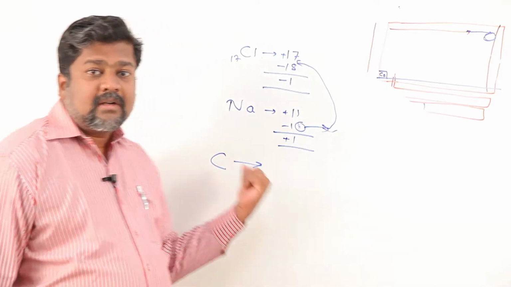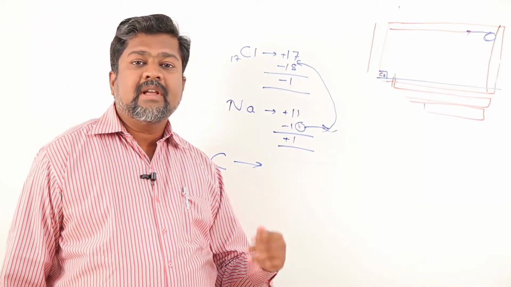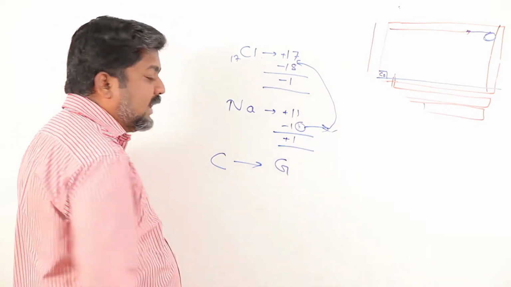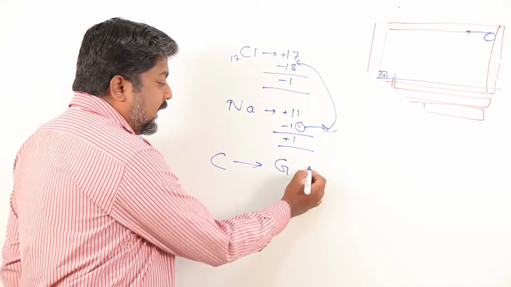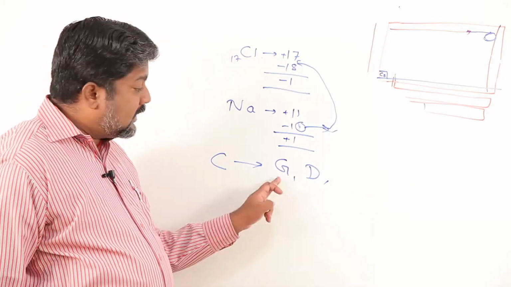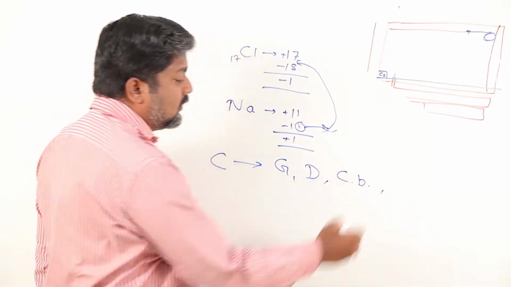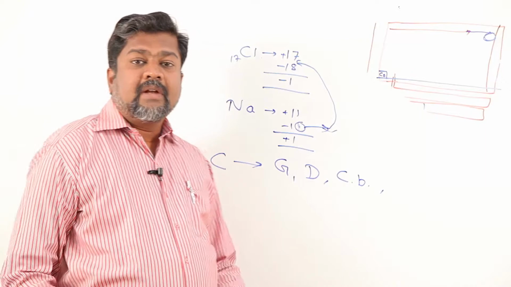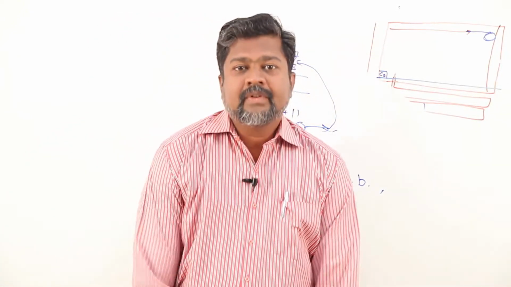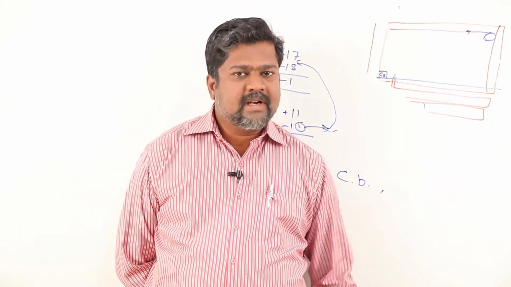Chemically it is carbon, but practically it is having various forms. Say for example, it can be in form of graphite, it can be in form of diamond, then carbon black, then one of the allotropes that is called fullerene.